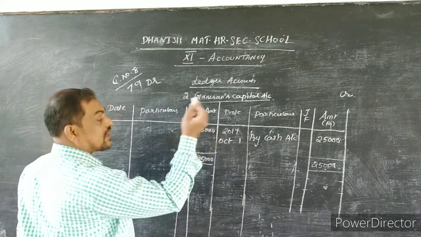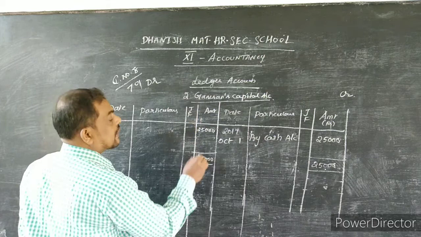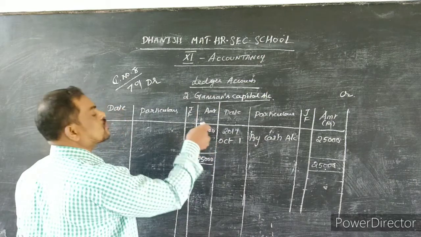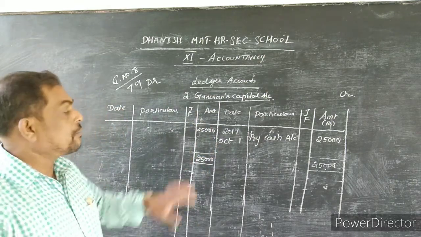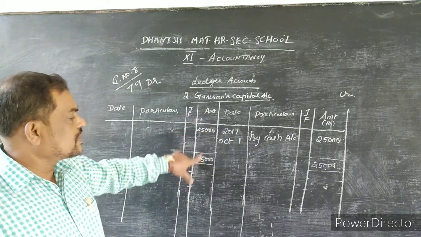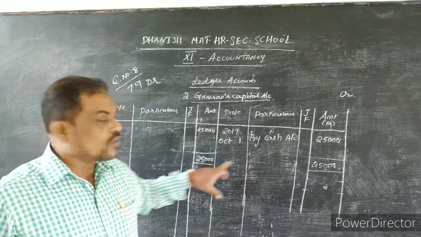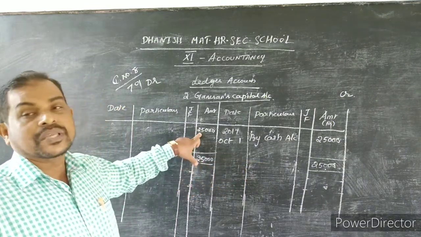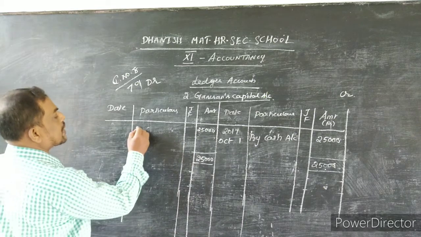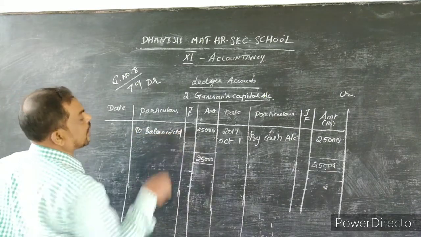Previously, some amount was available, so we deducted it from the 25,000. But here nothing is there, so the same balance will come here. For compiling the accounts, if an amount is available, we deduct it from this and put the balance. But here nothing is available, so the same 25,000 will come as the closing balance. The closing balance is named to balance carried down.